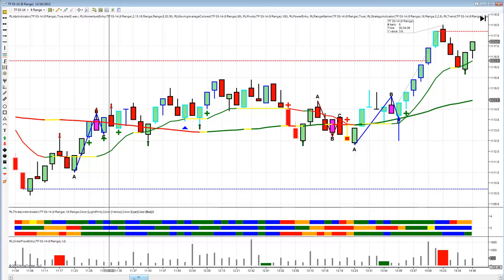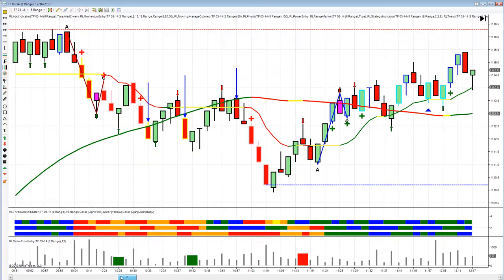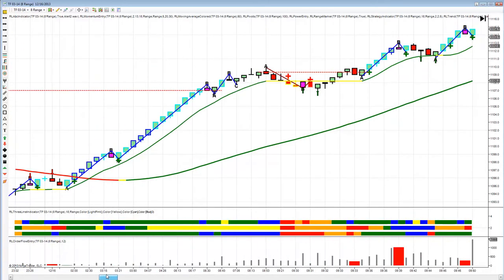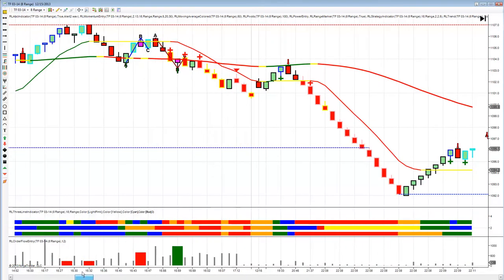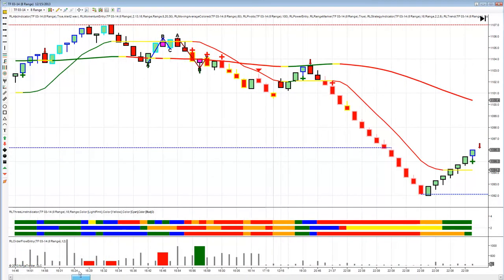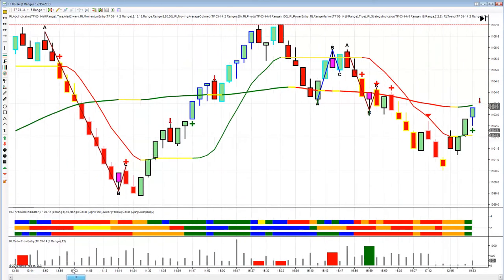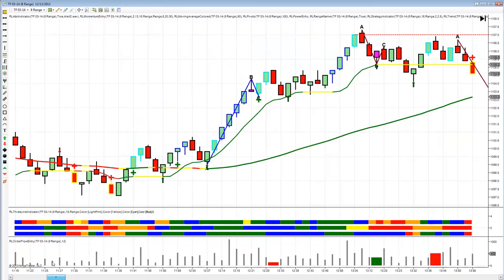Again, in this tough market, it's a little bit tougher to find a nice conservative strategy entry. But I want to find a real good one for you.